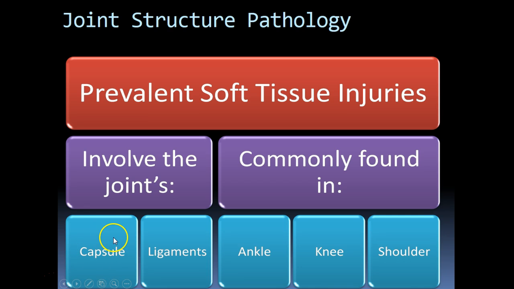A capsule is formed by 2 bones, and then we have the ligaments that hold that capsule together. So let's take the knee. The MCL and the LCL hold the distal femur to the proximal tibia, and that creates the tibiofemoral joint. So where do we see soft tissue injuries occurring most often? In the lower extremity, in the ankle and in the knee. And the same thing with joint injuries as well.